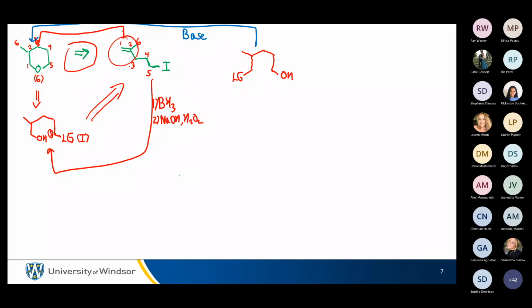And this would cyclize to make the 6-membered ring. So any suggestions on how to get this back to the green structure? Or how we would either way turn this into green or turn green into this?